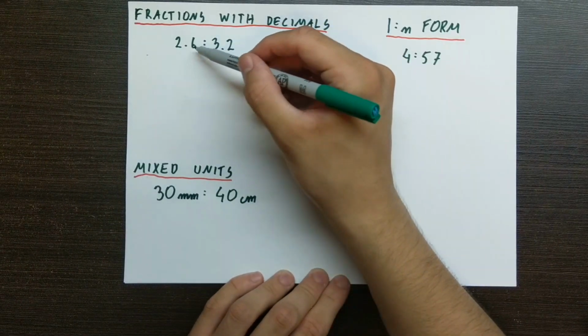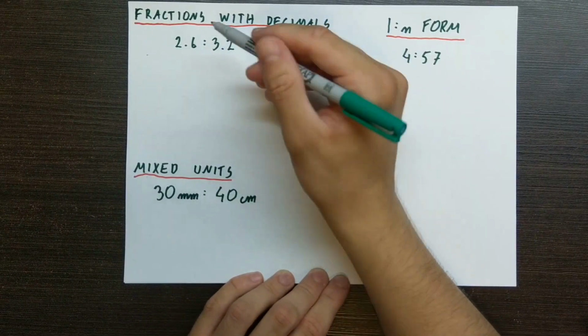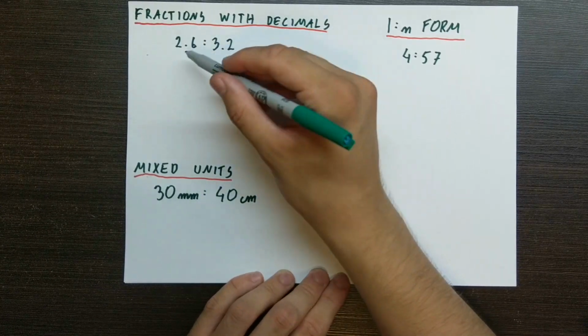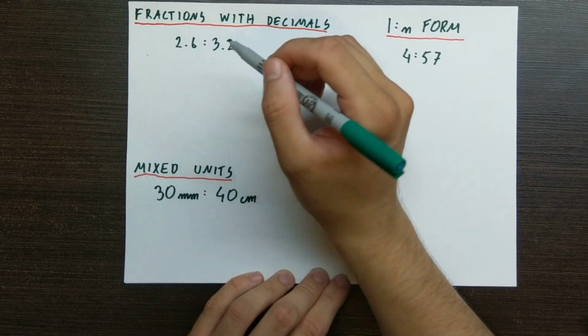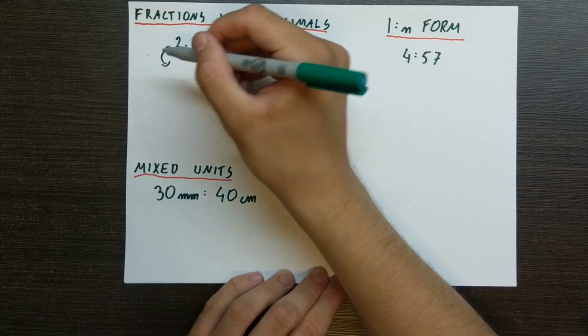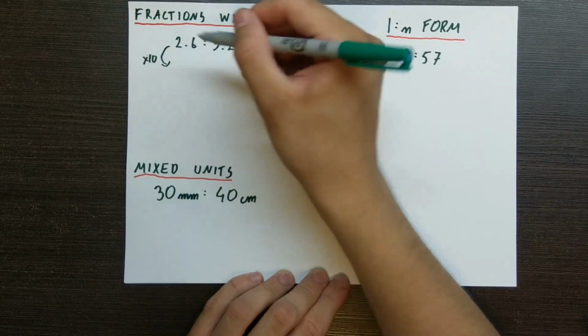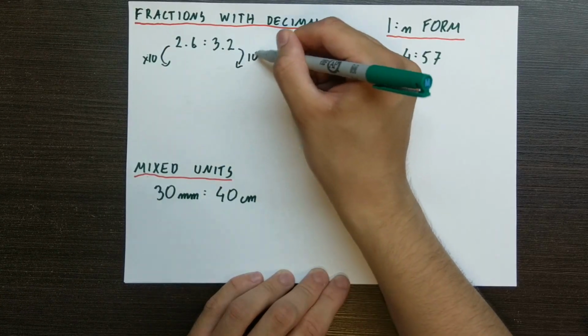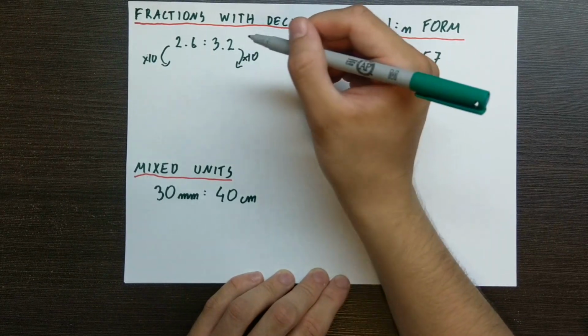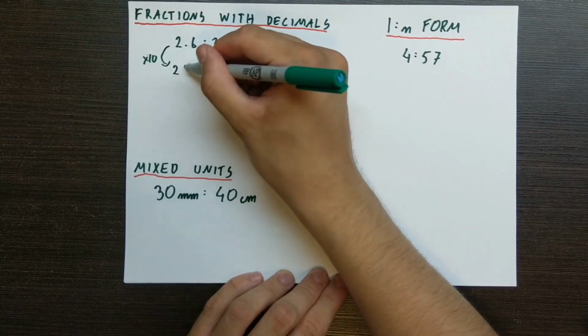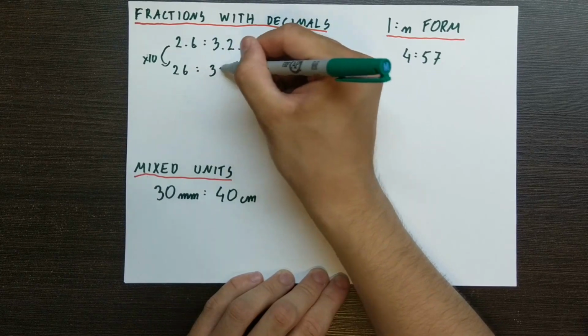Here we only got 1 decimal place, so we multiply both sides by 10 and we will just get rid of these decimal places. So we do it like so. We multiply both sides by 10 and we get 26 to 32.